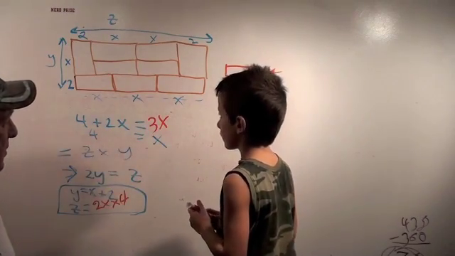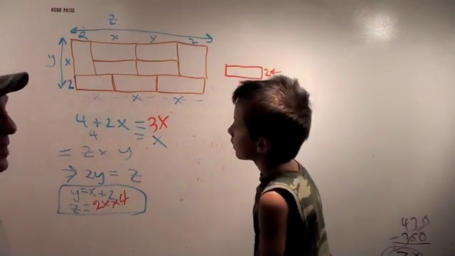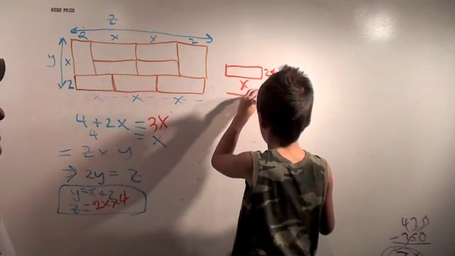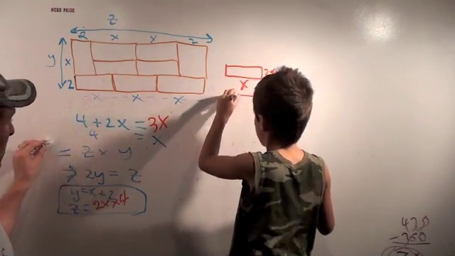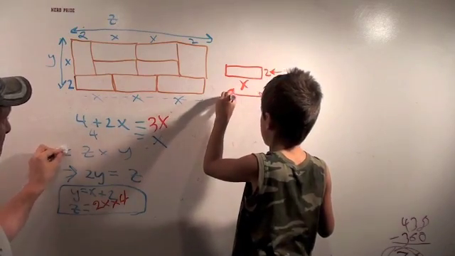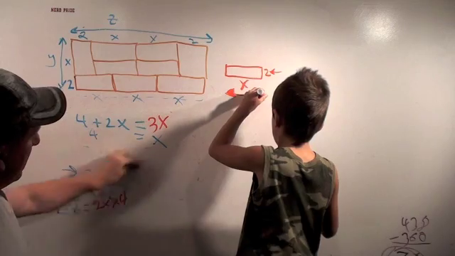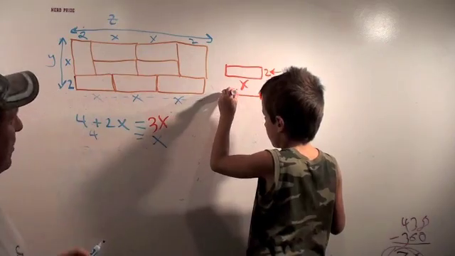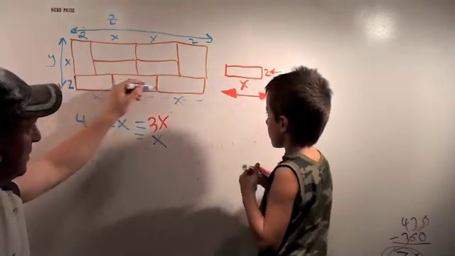So now we know that x equals 4. Okay? And what was x, by the way? x was the length of a small rectangle. So all of a sudden, we now know for the big rectangle, how long is the big rectangle?